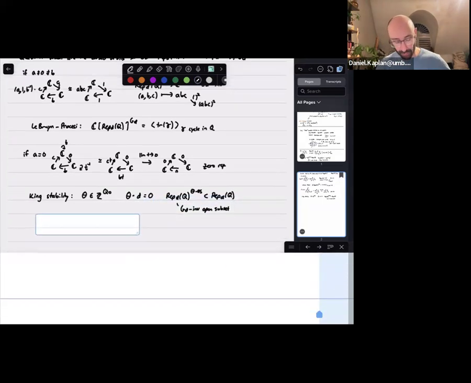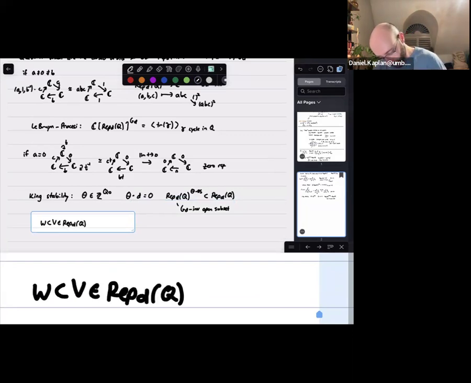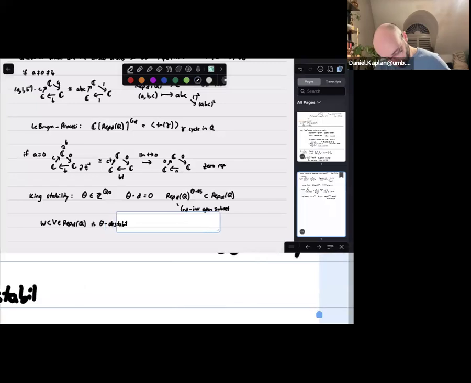And so now I'll tell you what to remove. W sitting inside V, some representation, is theta destabilizing if, when you take the dimension vector of W, so W is some representation like before, at each vertex there's a vector space there.